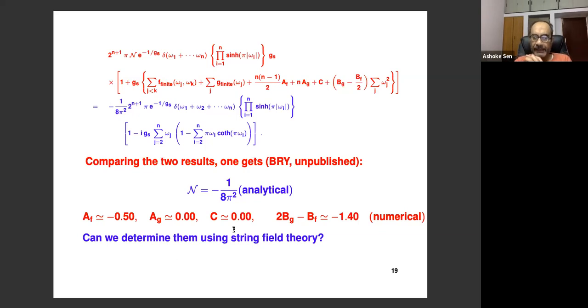So the question that you are interested in asking is: is it possible to determine these from string field theory? Because we said that in string field theory, you should in principle be able to make sense of the divergences that we encountered in the worldsheet formalism. So can we do this? And can we actually fix all these constants in string field theory?